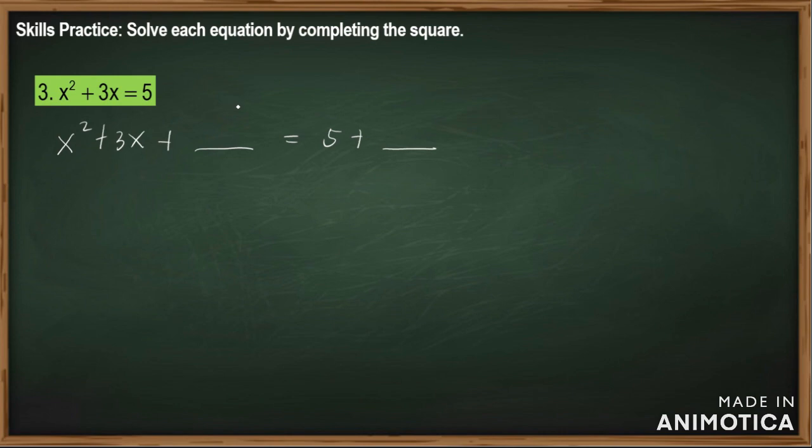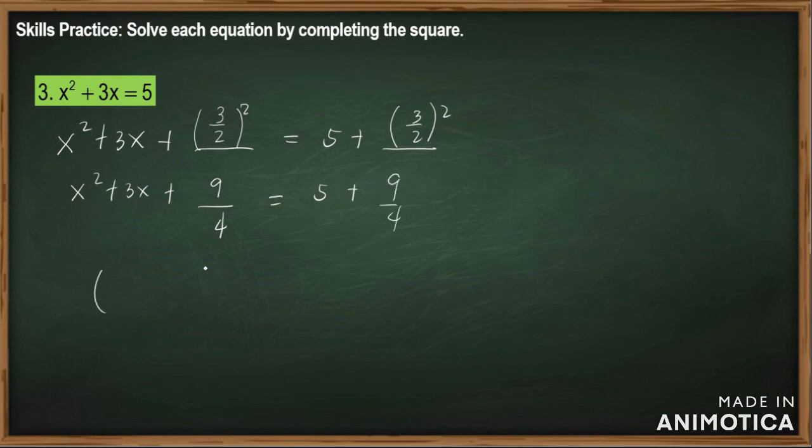Now we get the square of half of b, so we have 3 halves. What is added on the left side should also be added to the right side. Then we simplify: x squared plus 3x plus (3 over 2) squared, where 3 squared is 9 and 2 squared is 4, equals 5 plus 9/4 also.